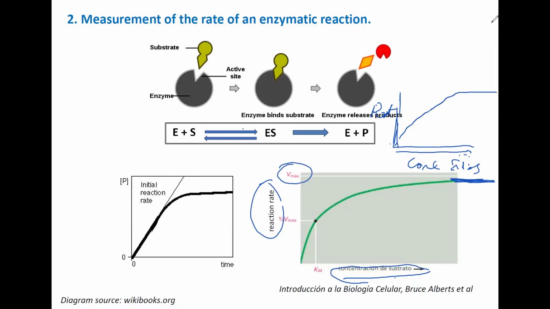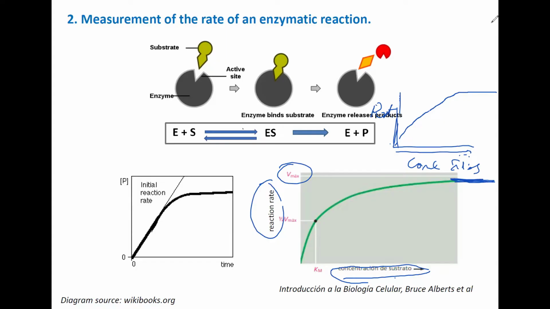That means the enzyme reaches its maximum velocity, because the substrate doesn't get an active site of the enzyme to bind, since the active sites are already saturated with the substrate.